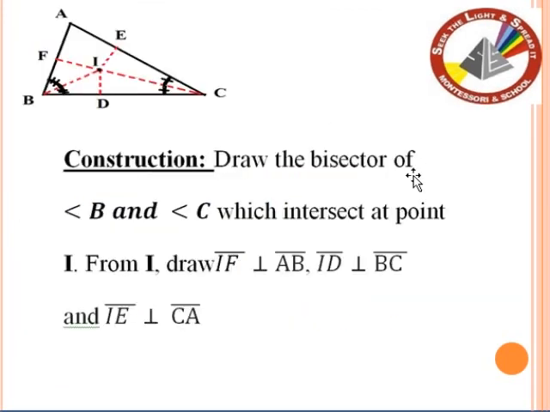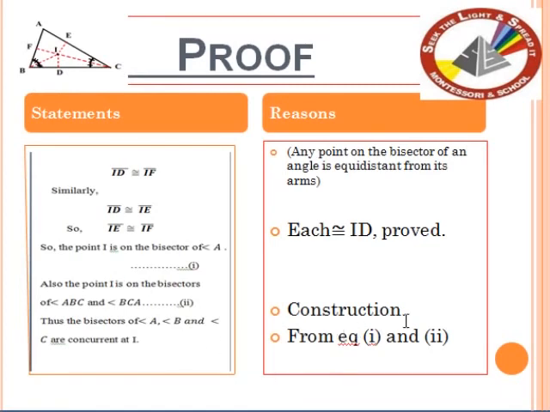We came to know this from the construction of the theorem or construction of this figure also, because we have drawn bisectors of angle B and angle C. So in reason we will write that we came to know this from the construction.